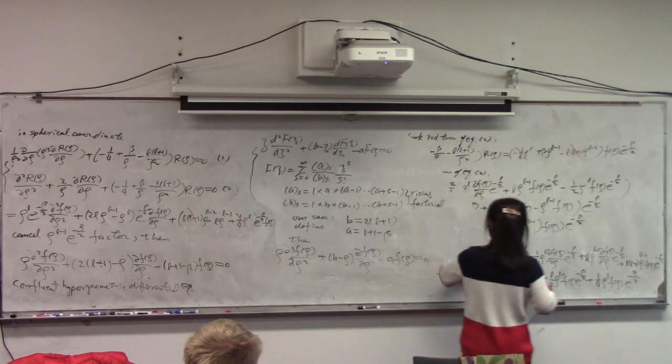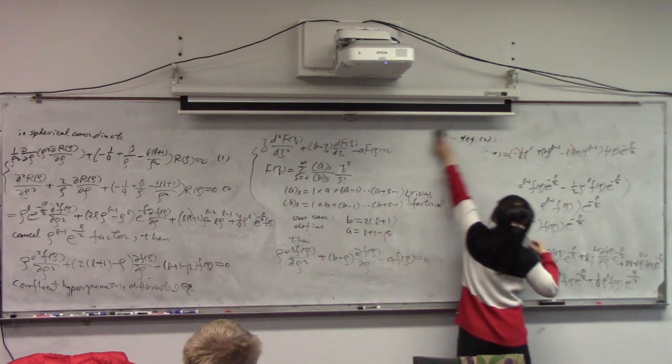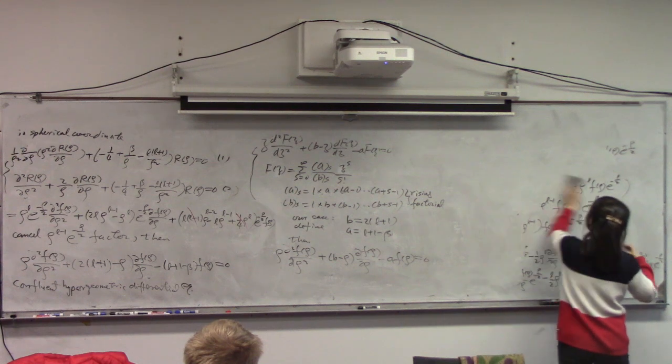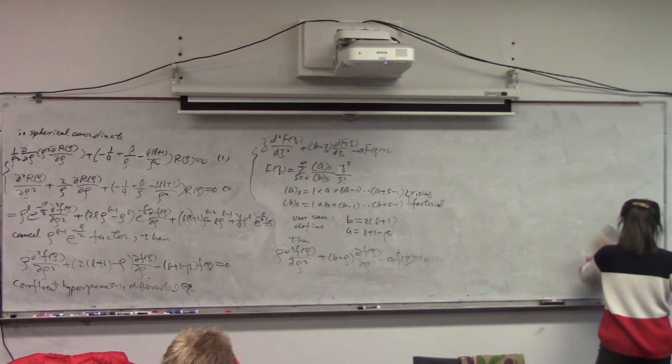So we immediately get this solution from the confluent hypergeometric differential equation, the general solution we obtain.